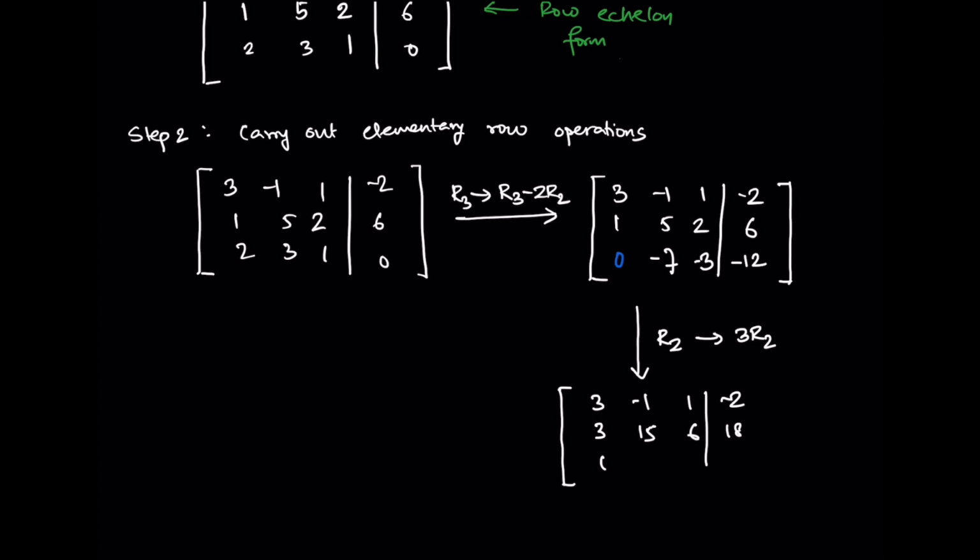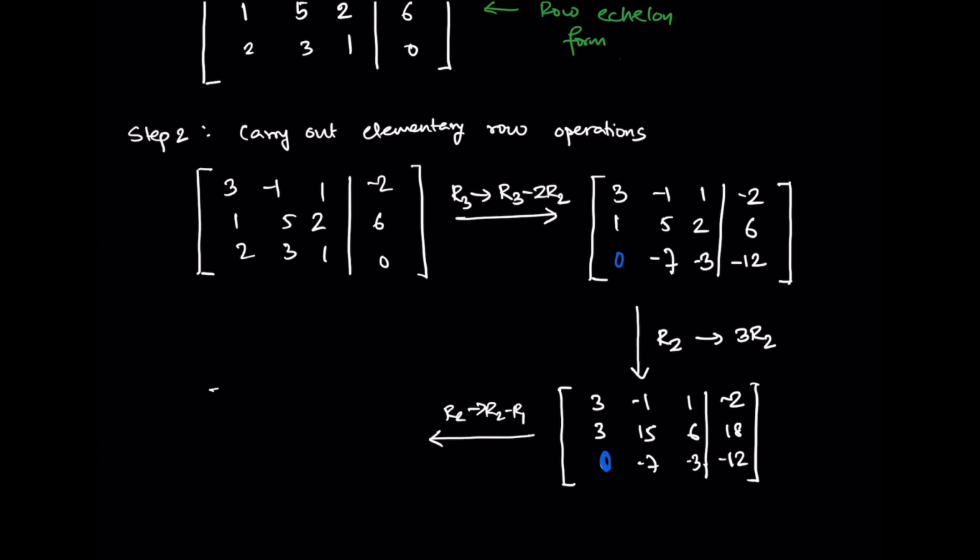Here I go. And the third row remains the same. Now we are subtracting R1 from R2, that is, we are transforming R2 to R2 minus R1.